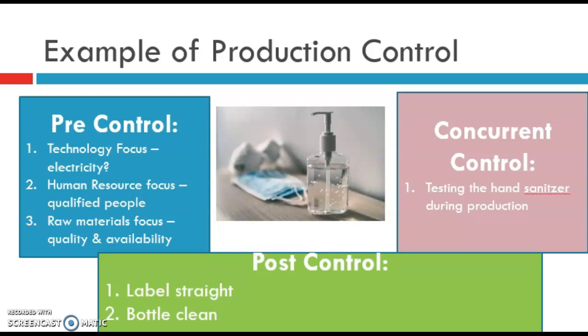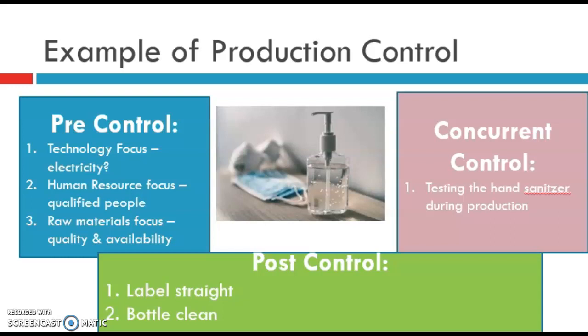The human resource focus will be, do I have qualified chemists who are mixing the correct portions for this hand sanitizer? Raw material focus, can I get the alcohol content on time? Is the quality at 99% pure alcohol? How quickly can I get that raw material here? So all of these things are about the input that you need to make this hand sanitizer.